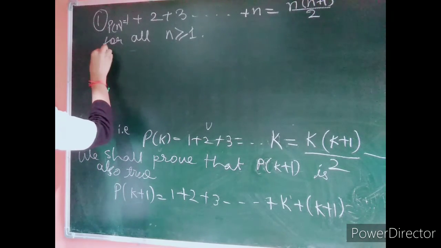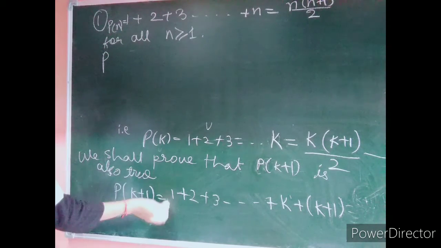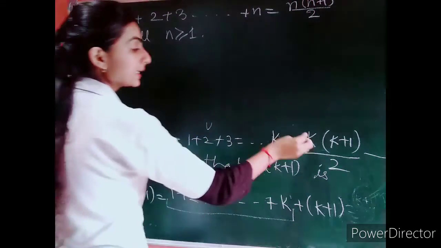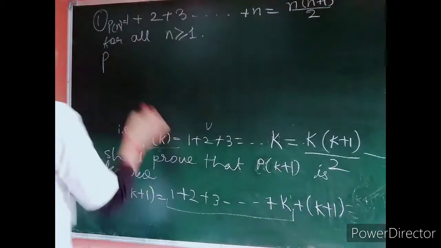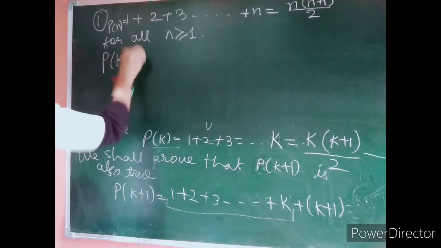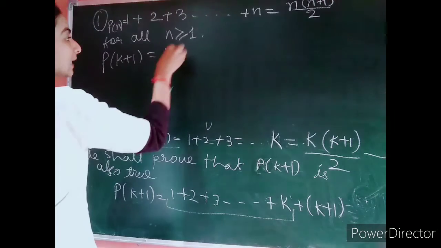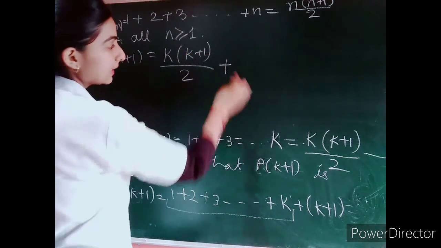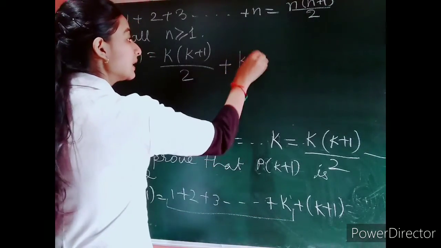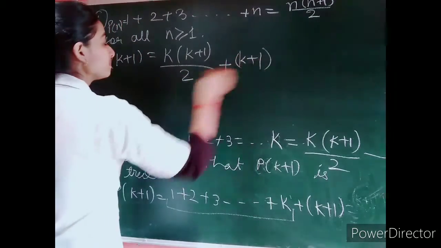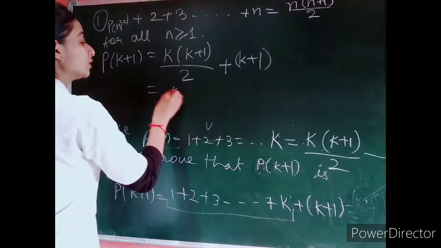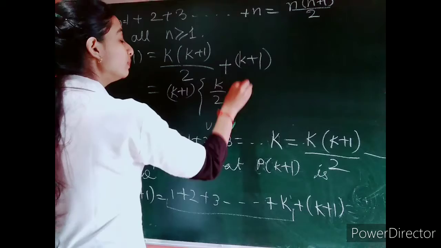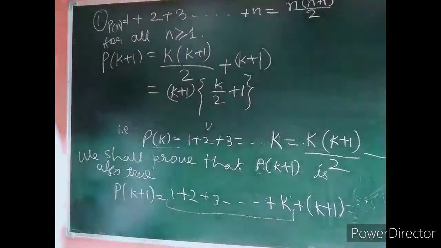Now we know that up to k, from the first equation, we can write k into k plus 1 upon 2. So Pk plus 1 will be equal to k into k plus 1 upon 2, and the remaining, which is k plus 1. Taking k plus 1 common, we get k plus 1 into k upon 2 plus 1.